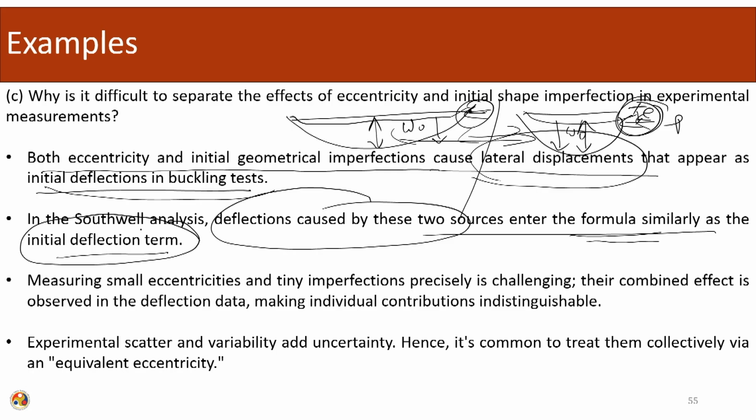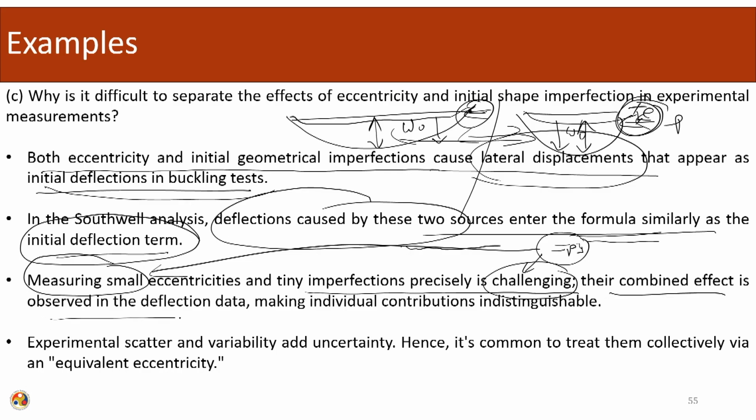The measurement of small eccentricities and tiny imperfections precisely is challenging, because the imperfections are tiny or the eccentricity is very small. So, the actual field measurement is very tiresome. Since the quantities are small, it is very difficult to measure them precisely. Their combined effect is observed in the deflection data.